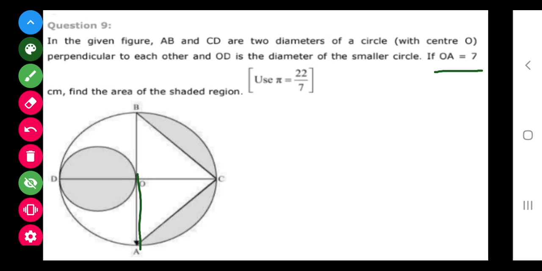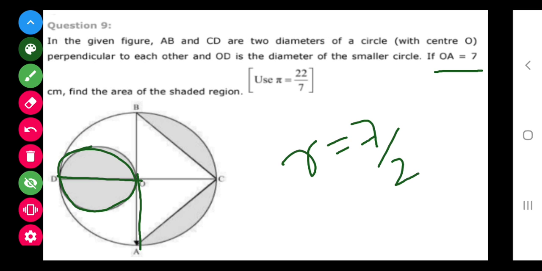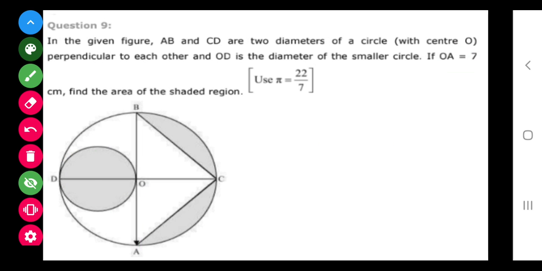Radius is 7, meaning this is 7. So of this diagram the radius will be 7 by 2, because this complete is 7. So overall, if we talk about the center and the distance from here, it will be 3.5.